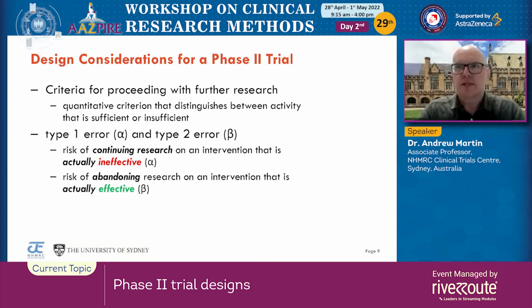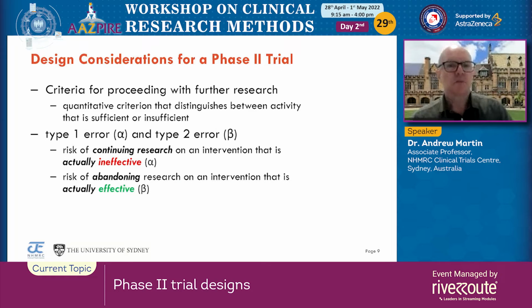The intermediate endpoint that's chosen will be chosen because it's thought to be most sensitive, or one of the reasons it'll be chosen is because it's believed to be sensitive to the treatment effect, and that means a smaller sample size will be needed to detect it. So that provides some efficiency for our phase 2 trial. Efficiency meaning we can get away with fewer patients.